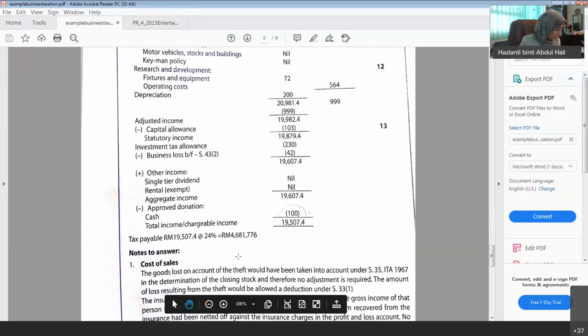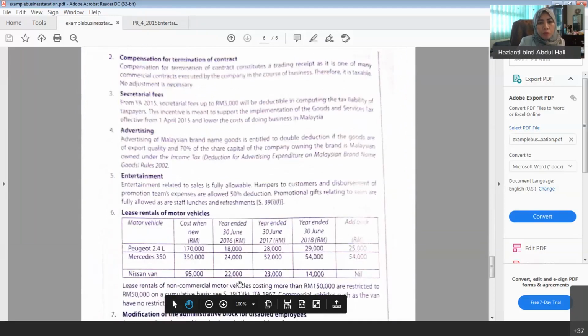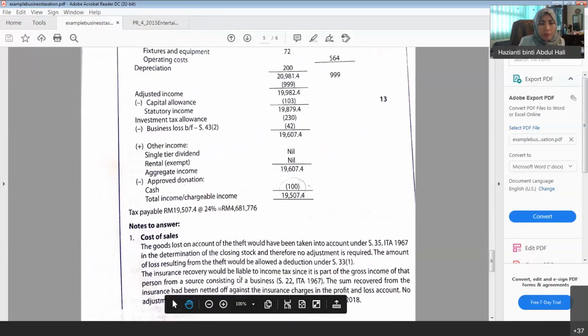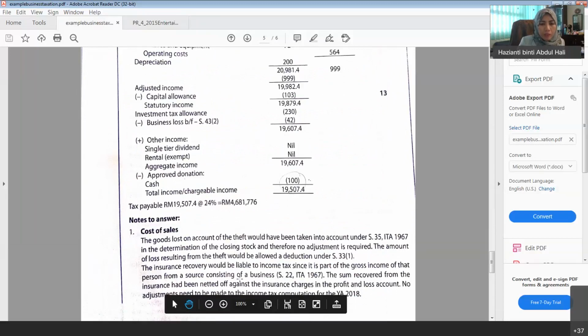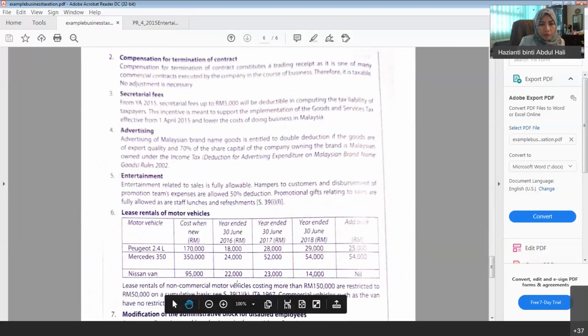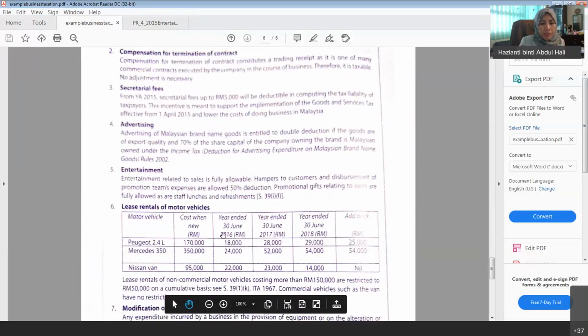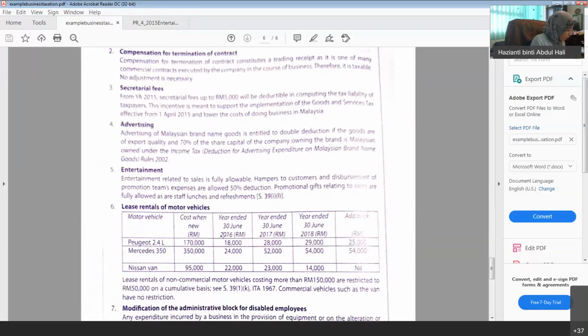This is year 2018. So the tax is 24%. So you have the notes here that you can read. I hope this will help you untuk buat soalan tutorial nanti. Memang panjang. You will need the notes untuk help you answer the questions. Tapi ada certain parts yang memang kita belum cover lagi lah. Any questions so far?